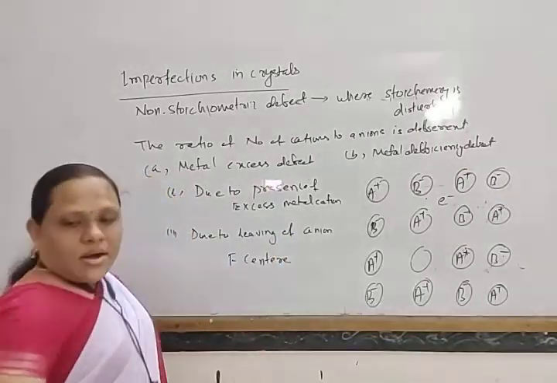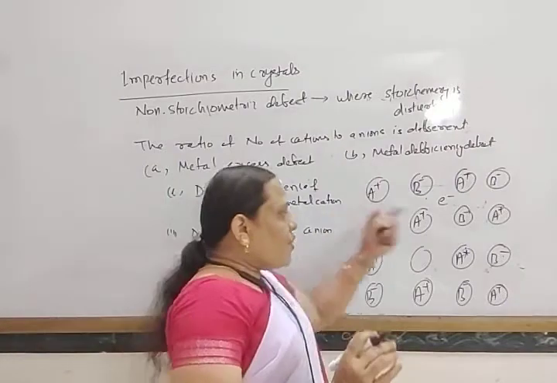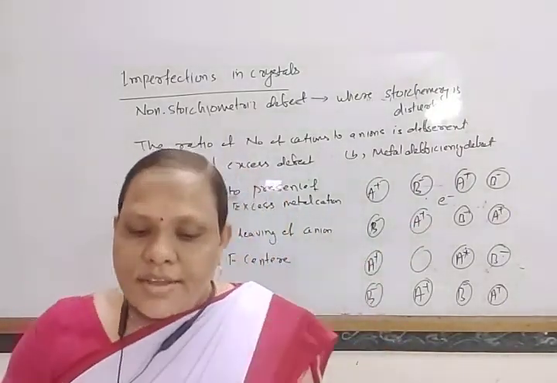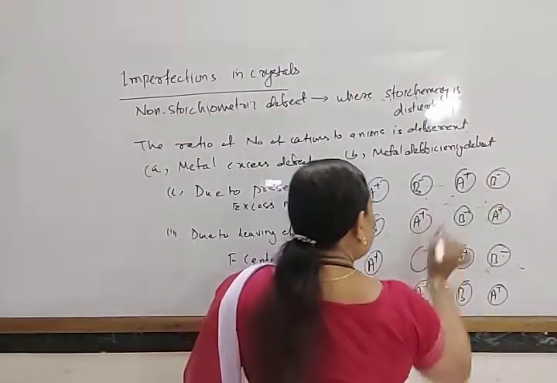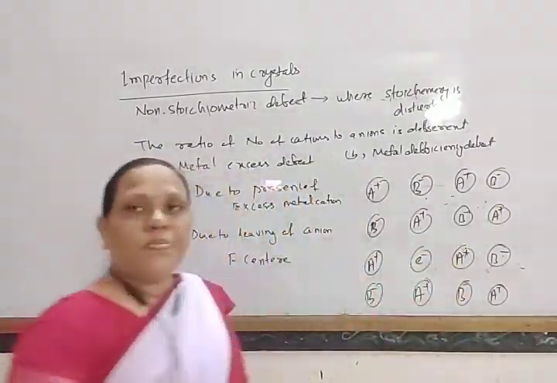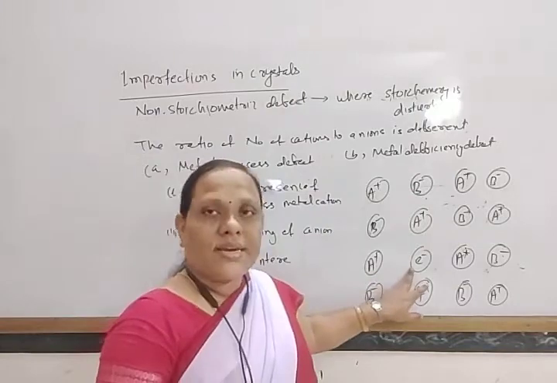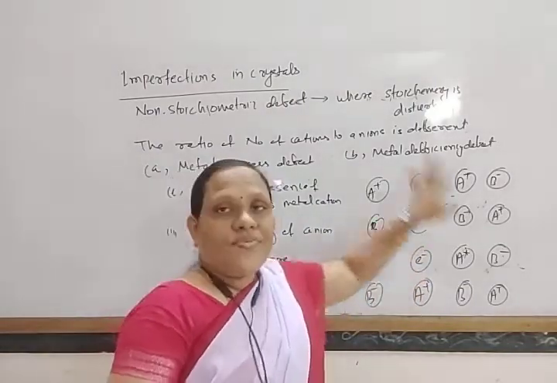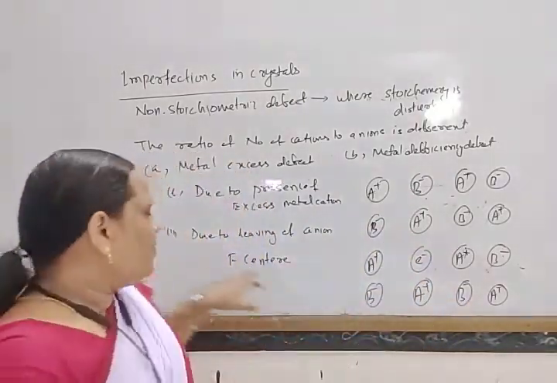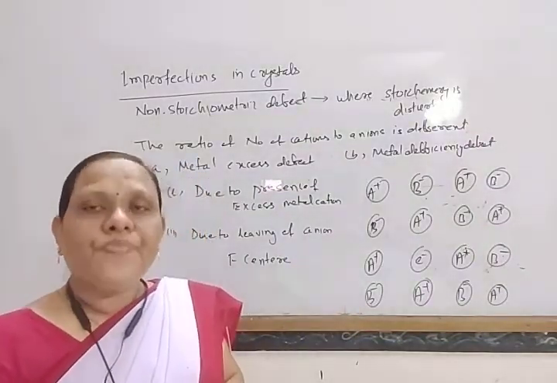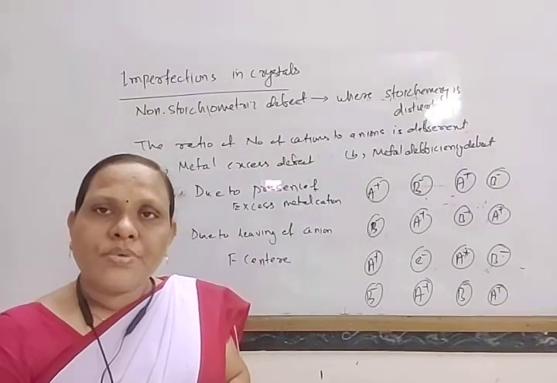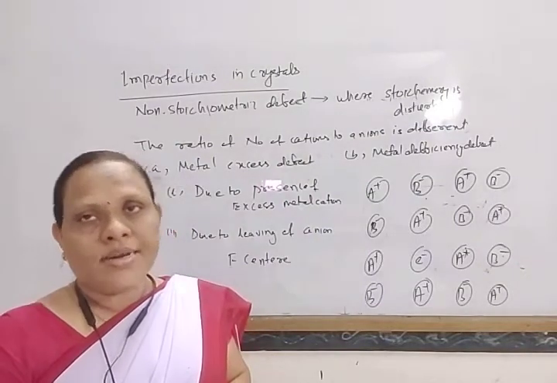So when some anions leave the lattice site, and in that place some electrons remain to maintain electrical neutrality, that is called the F center. Due to this F center, ionic compounds also impart color.